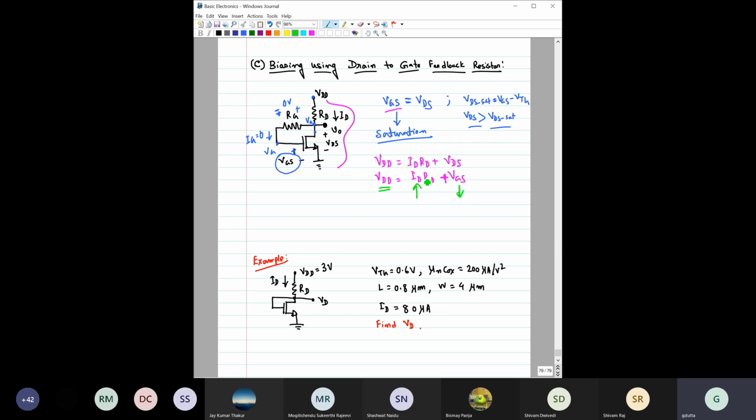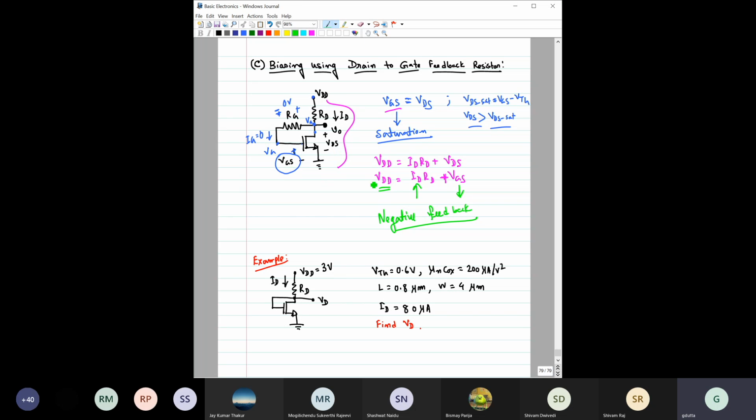So if you connect it with our previous discussion, we can also see a negative feedback for this type of configuration.